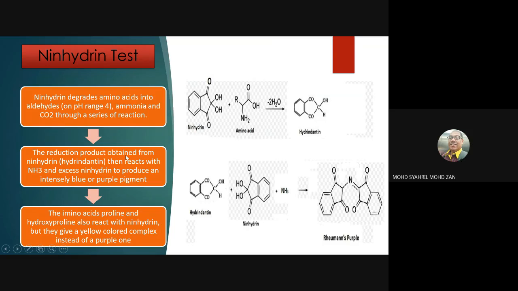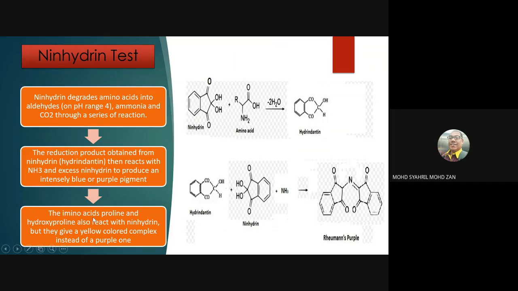The reaction product obtained from ninhydrin is hydrindantin, which reacts with ammonia, NH3, and excess ninhydrin to produce an extensive blue and purple pigment. So what happens is that hydrindantin also combines with the ammonia in the test, forming Ruhemann's purple. This Ruhemann's purple that you get is the blue violet, right?